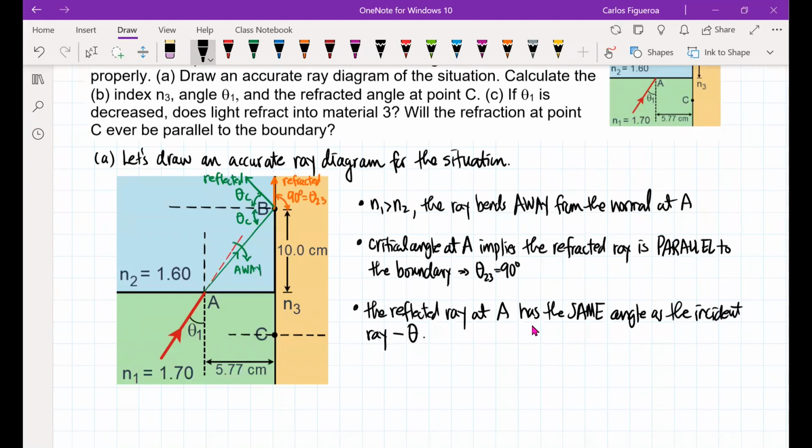And in this case, it's θ1. Here's where it's not going to be accurate. In order to make this work, I would have to draw it pretty far down and the picture would have to be quite big. So look what I'm going to do.